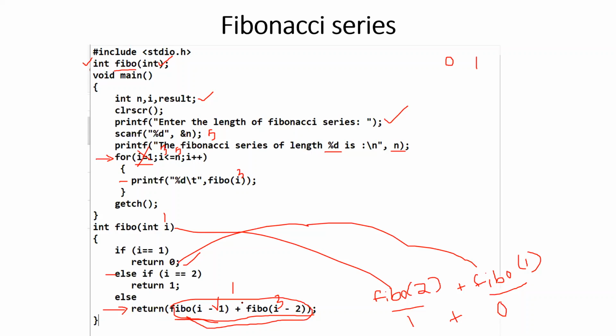Return 1. Now this return, where will it be returning? Can anybody answer in the chat box? This return, where will it be returning? You should remember that whenever a function is called and internal recursive calls are made, it will be returning back to that function call.